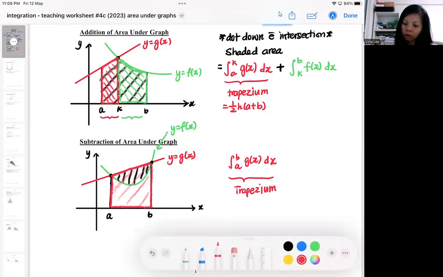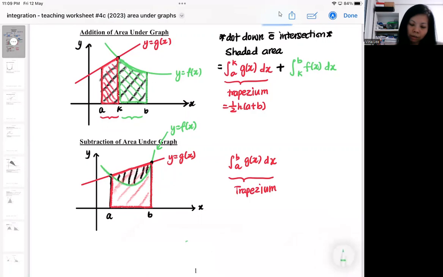Then let's look at the area under the curve. So under the green curve, remember just now I mentioned the theory that the area under the curve will touch the x-axis.